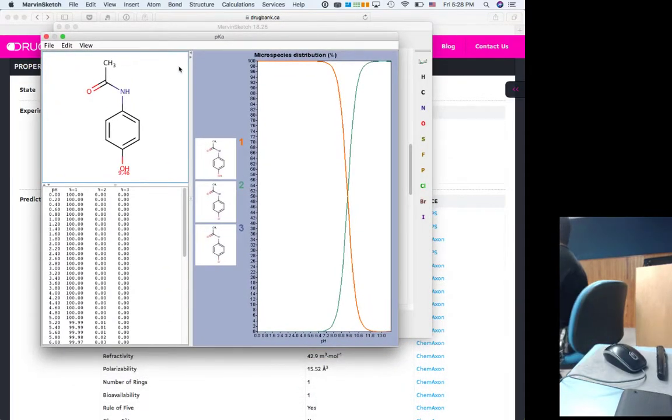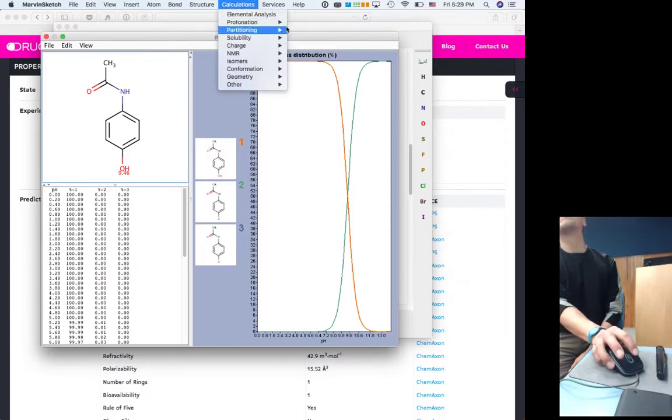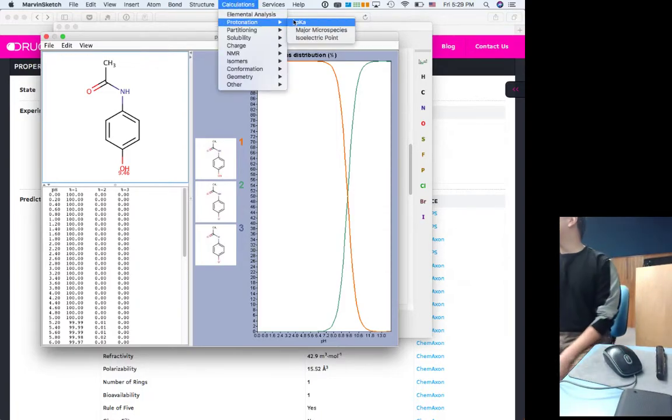Go to calculations, protonation, pKa. Leave the default values, click OK on the license, and you should get this.